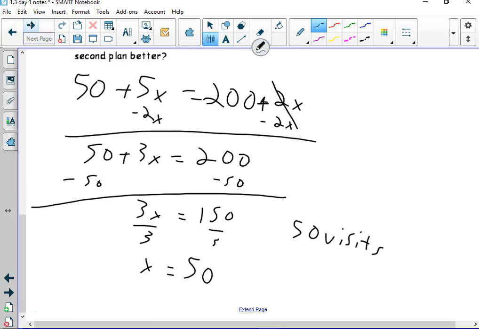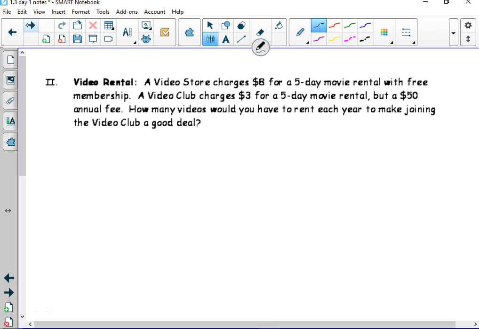Last problem. There we go. A video store charges $8 for a 5-day movie rental with a free membership. Another one charges $3 for a 5-day rental plus a $50 annual fee. How many rentals do you have to do to make it a good deal? Okay, because that's a lot of money. Okay.